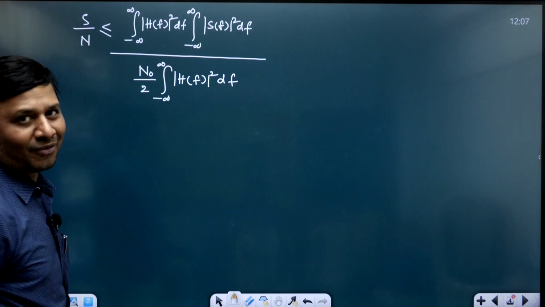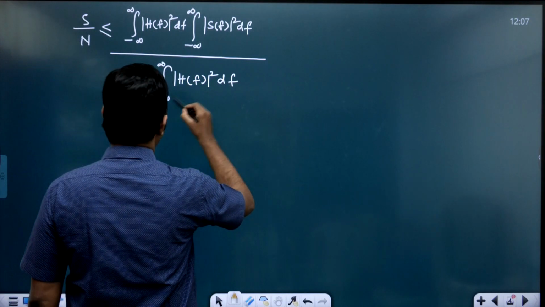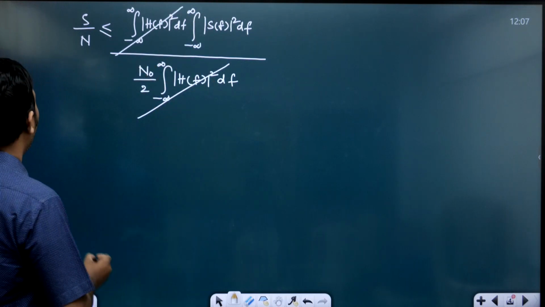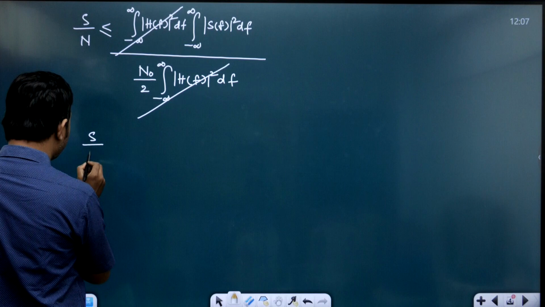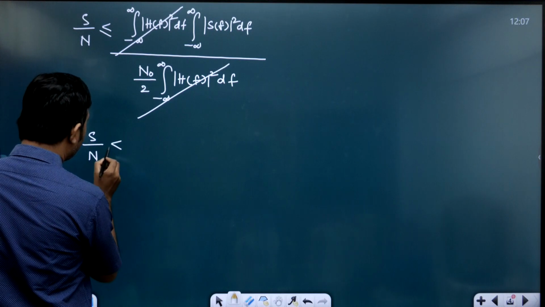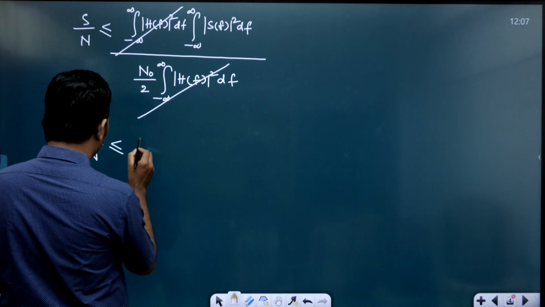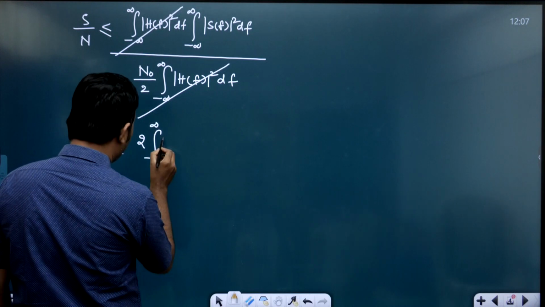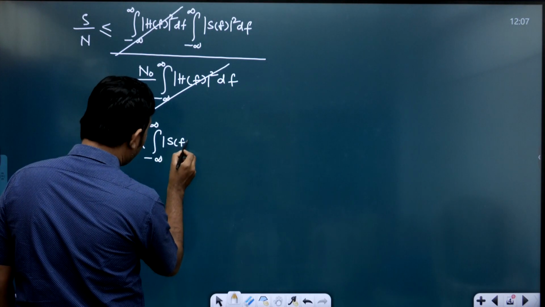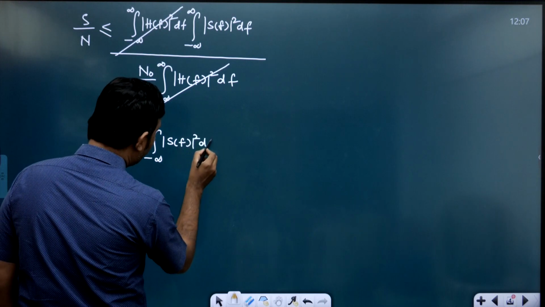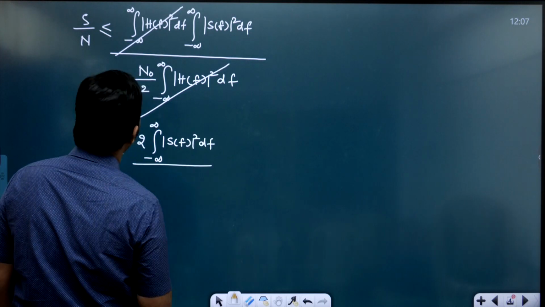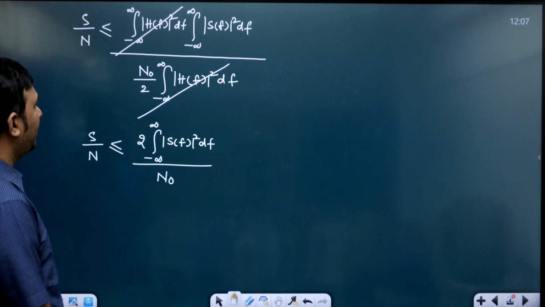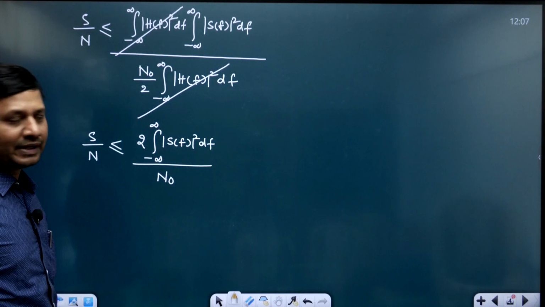Right? Now, here this term gets cancelled, yes or no? So, signal to noise ratio is less than or equal to 2 times the integral from minus infinity to infinity of magnitude of S(f) whole square df by N0.